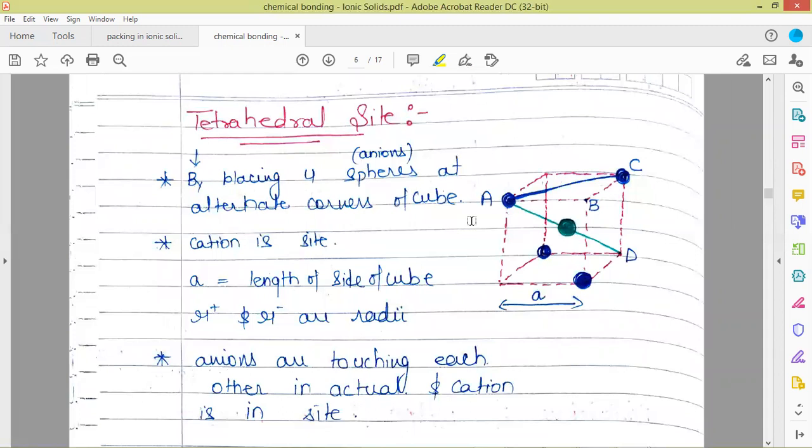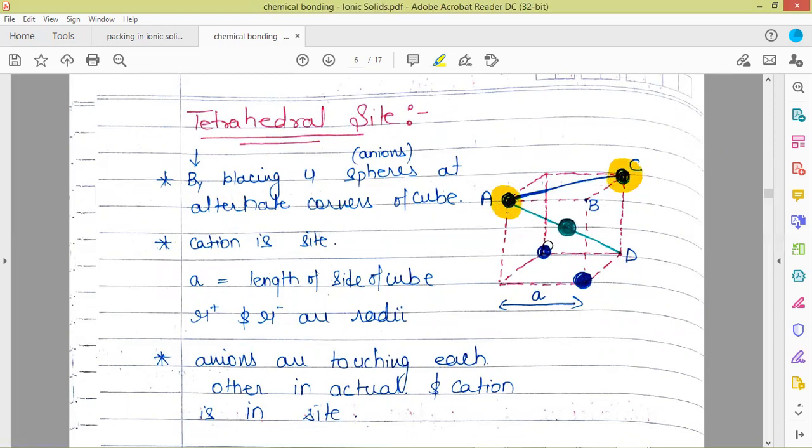Next, we have the tetrahedral site. For the tetrahedral site occupancy, as we have already discussed, the ions which make the tetrahedral site should be present at the alternate corners of the cube, then only they will make the tetrahedral site. These blue spheres are representing the anions which are making the tetrahedral site.